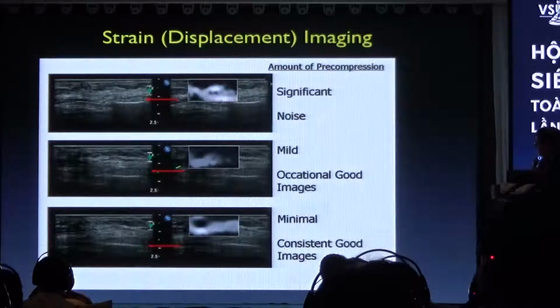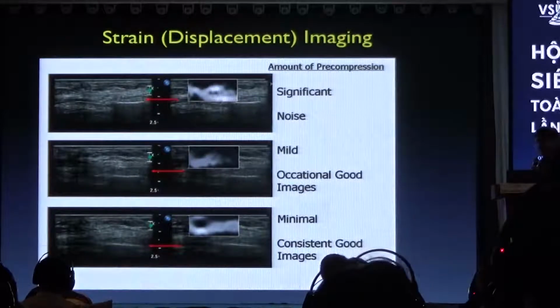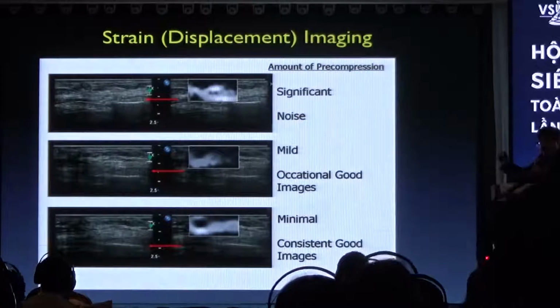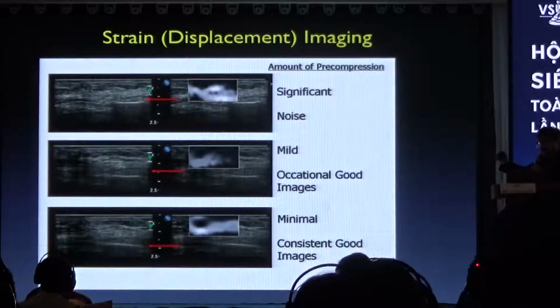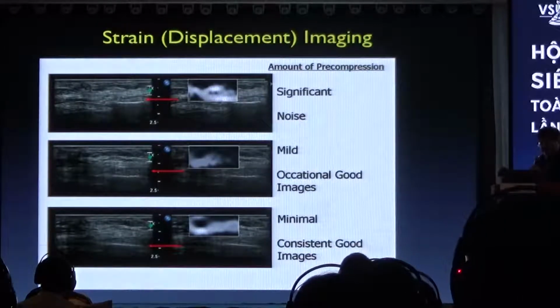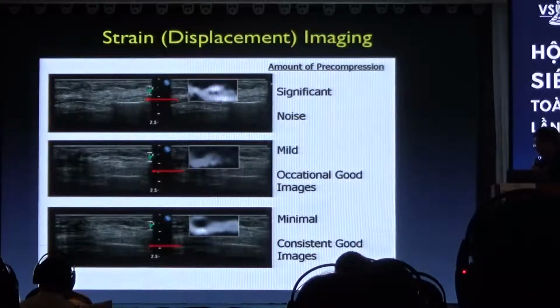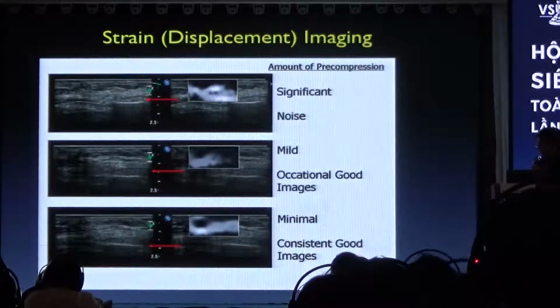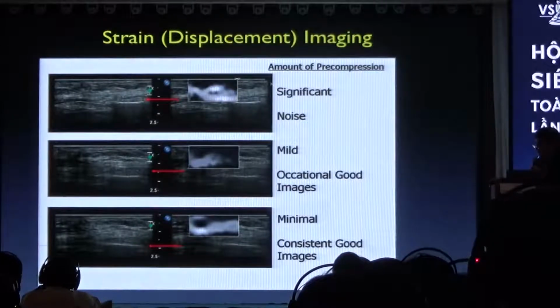If you apply some milder compression, you'll see the lesion, but often in strain you'll get a good image, then a bad image, good image, bad image, as the patient breathes or moves. As you release the pressure, you get a good image; as you apply pressure, you get a bad image. If you do this right with very little pressure, you can see a very good elastogram in all the images. So when people call me up and say strain imaging doesn't work, they're usually applying way too much pressure.